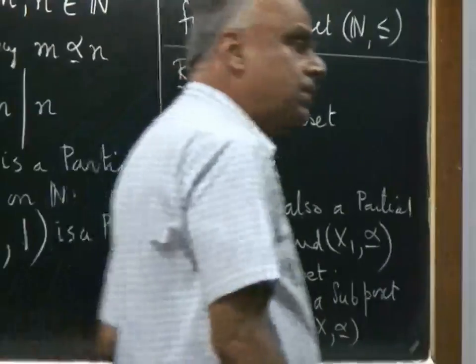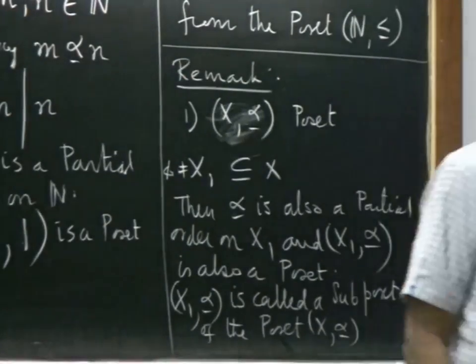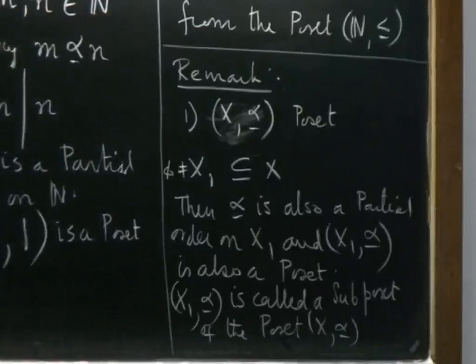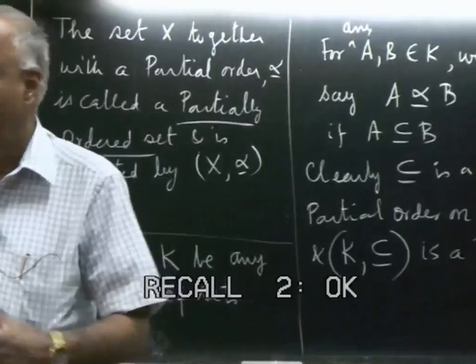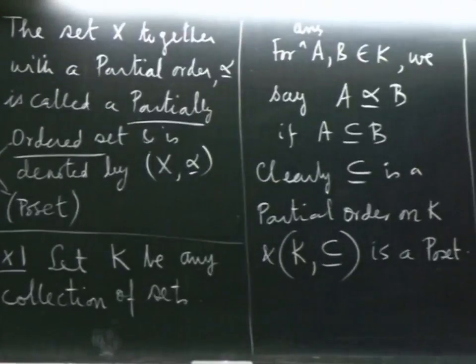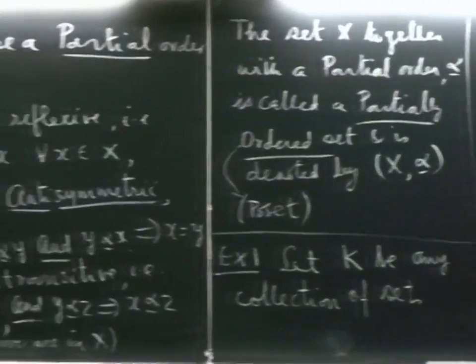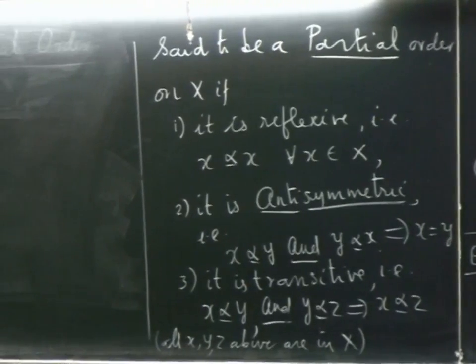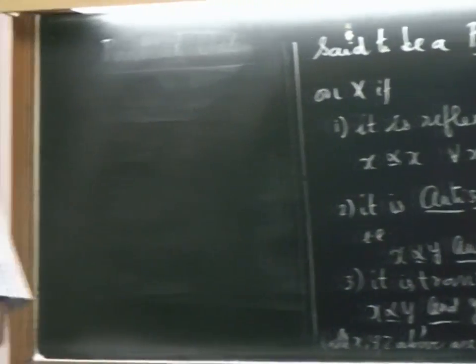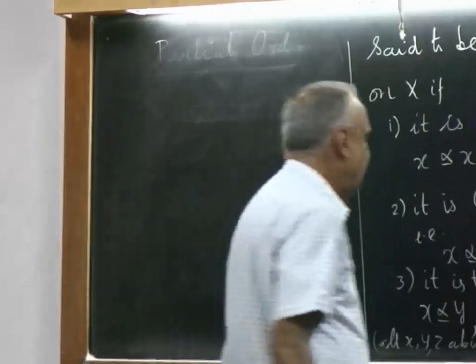Now, first of all, why is it called a partial order? It is because it is not necessary that two elements are comparable always. Given x and y, we may have neither x related to y, nor y related to x. So, it is not ordering everybody, it is only ordering within a few groups. So, it is partially ordering things.